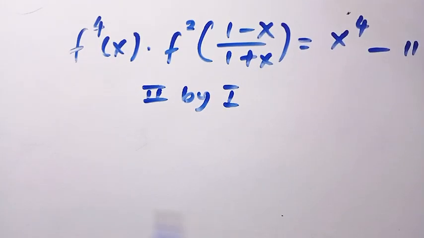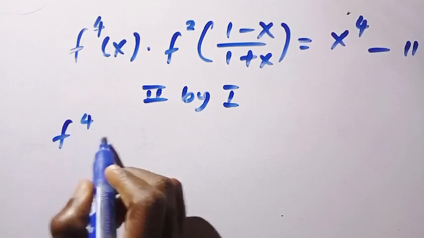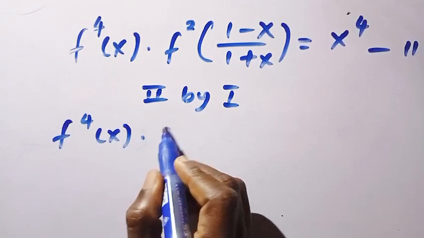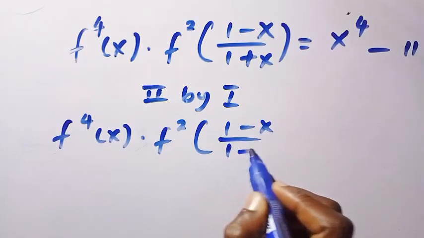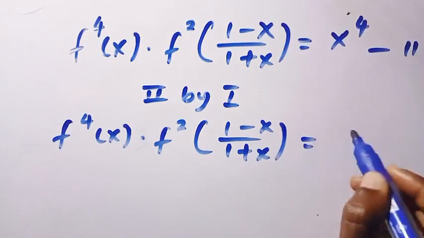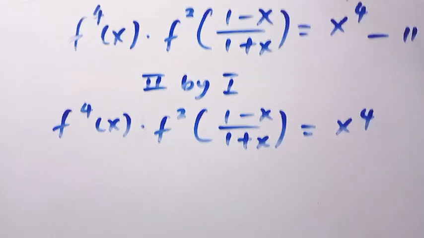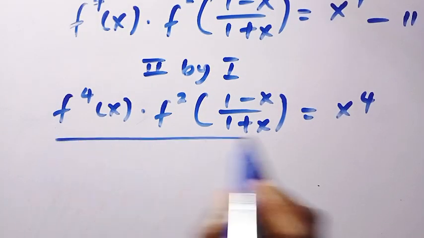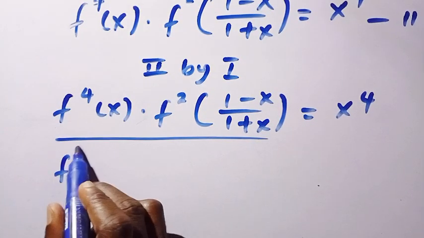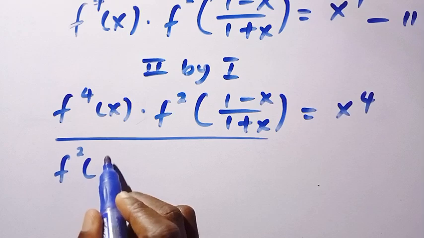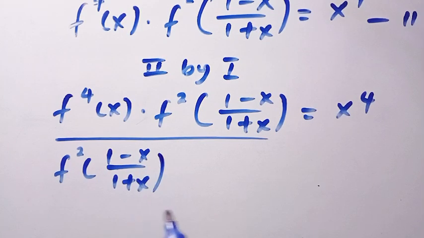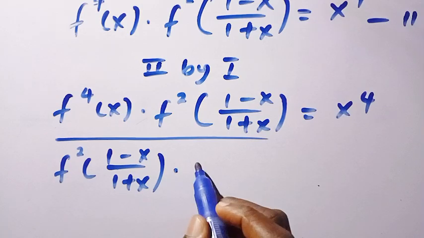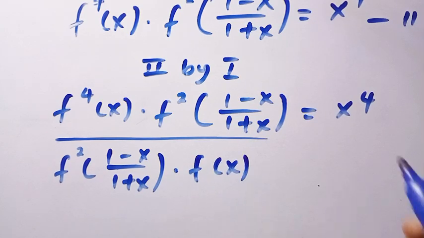Therefore, we are going to have f raised to power of 4 of x multiplied by f raised to power 2 of (1 minus x) divided by (1 plus x) equals x raised to power of 4, then divided by f raised to power of 2 of (1 minus x) divided by (1 plus x), which is our equation 1, multiplied by f of x.